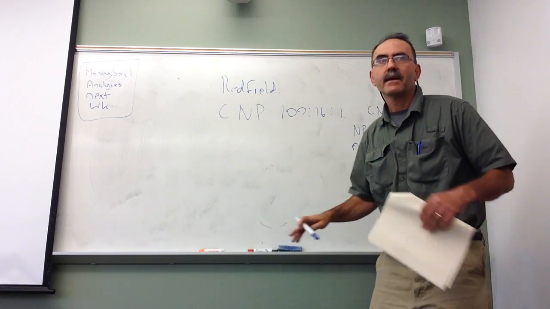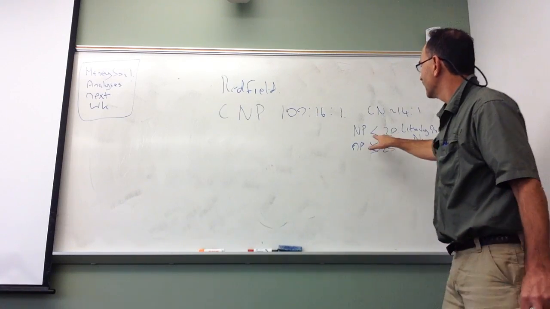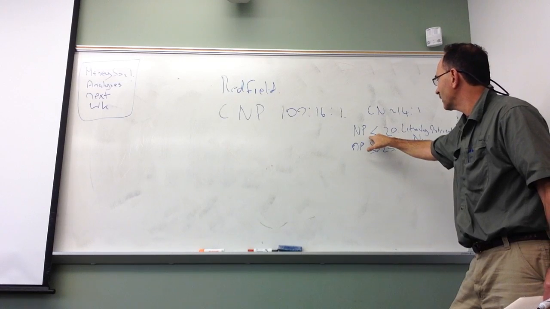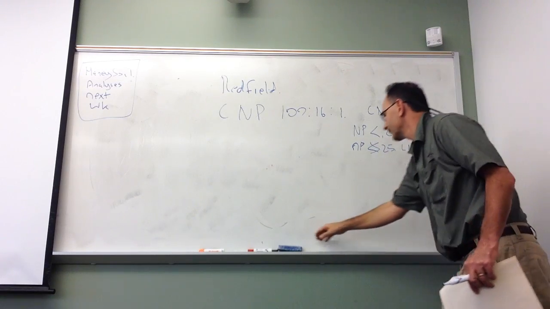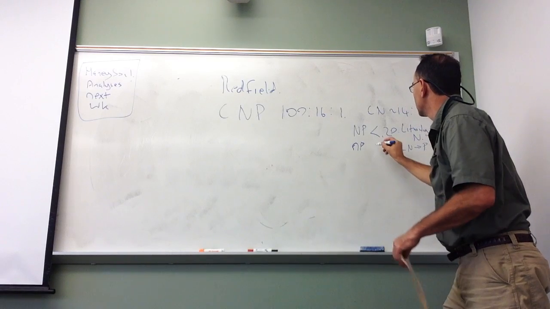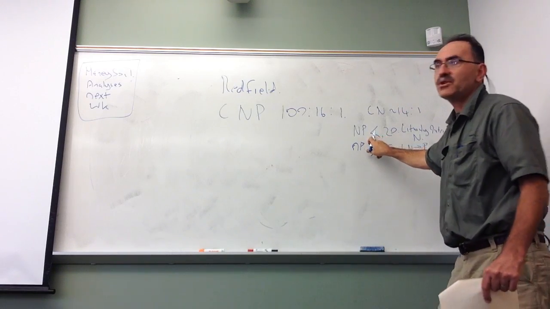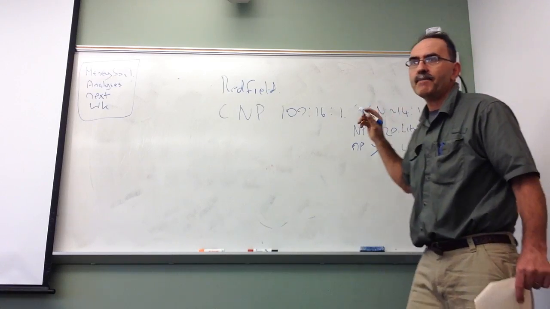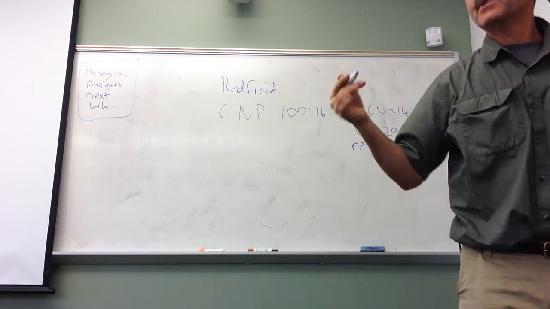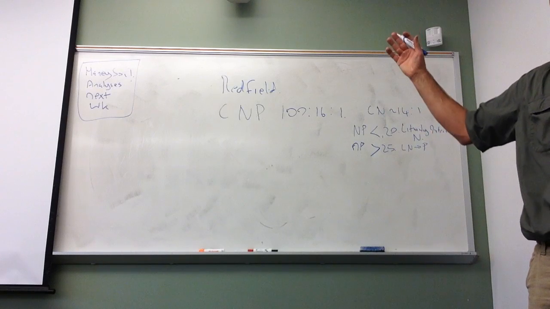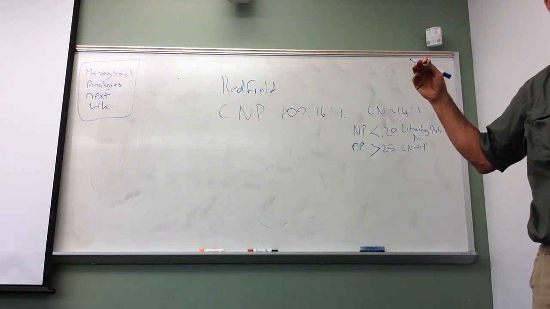In other words, when you've got a low N to P ratio, it seemed like the amount of phosphorus that you had in that water body didn't make any difference to the algal production in the water.